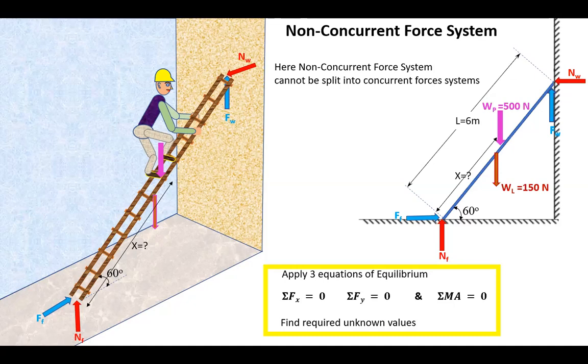You just need to apply them and find out whatever forces are necessary. So this is the need for ladder friction problems. You need to apply 3 equations of equilibrium: sigma Fx equal to 0, sigma Fy equal to 0, and sigma M equal to 0, and it will be equilibrium of a non-concurrent force system. That is all the difference between the previous friction problems and the ladder friction problems.